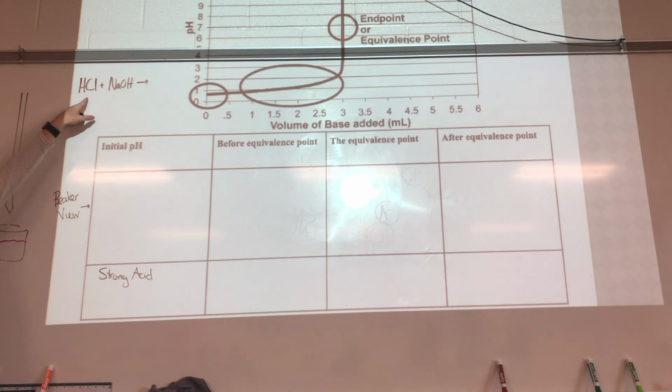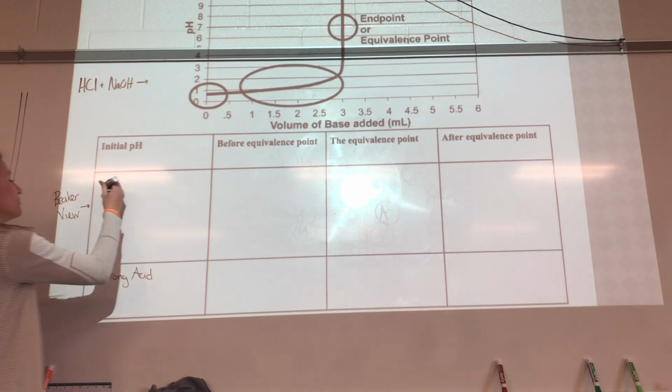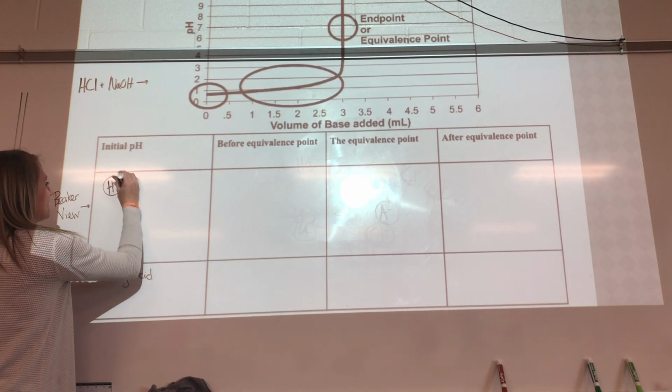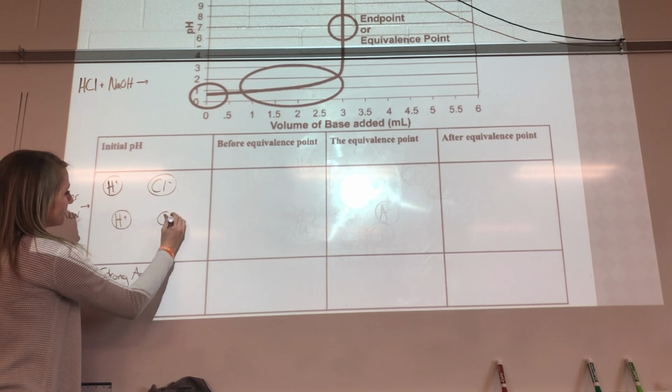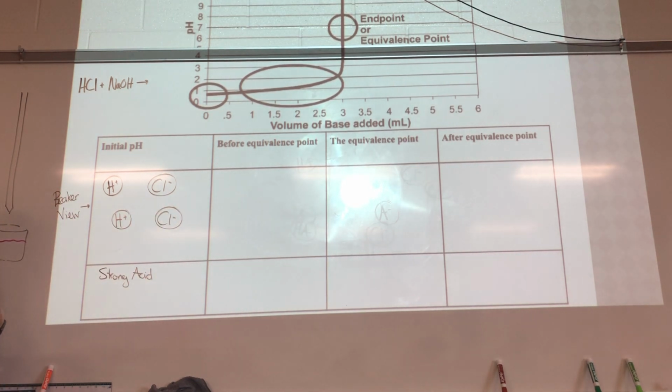Now, HCl is a strong acid. What do strong acids do in aqueous solution? Fully dissociate. So you should have your HCl drawn like this. So if you didn't separate it, fix it so it's separated.